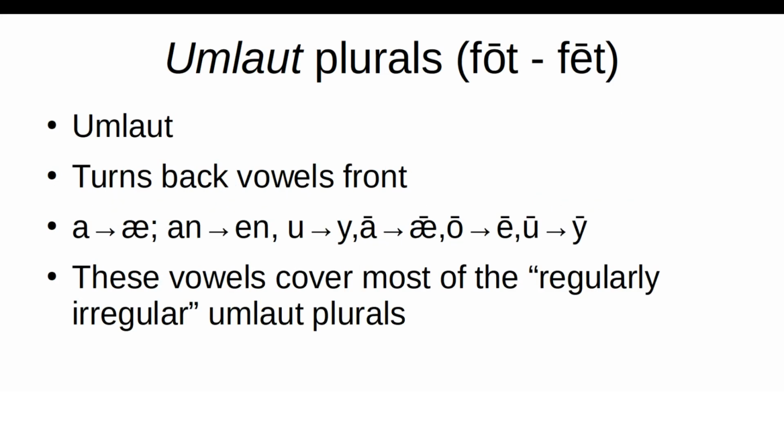So umlaut turns a back vowel front. So what that means is when you talk, you can have front vowels which are made in the front of the mouth, like a, e, i, etc. You can have back vowels which are made in the back of the mouth, a, o, u. Umlaut basically turns a back vowel front, so in these cases, these are the ones that you'll see in the umlaut plural nouns.